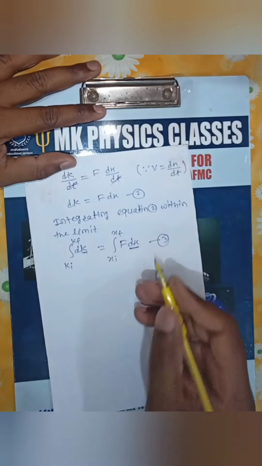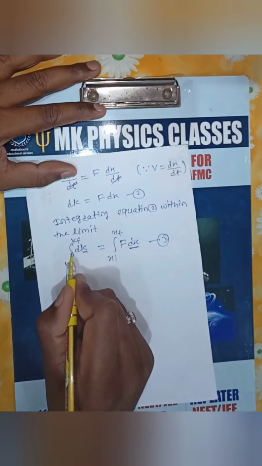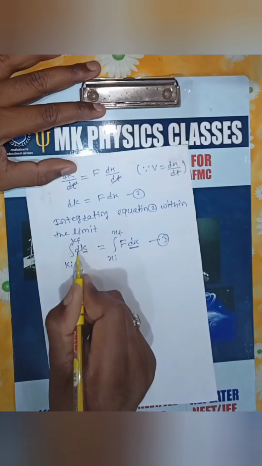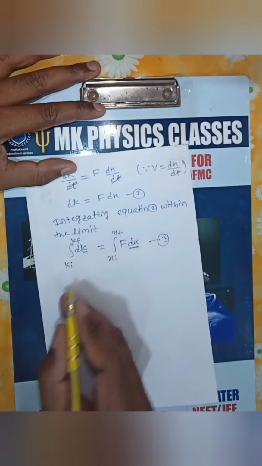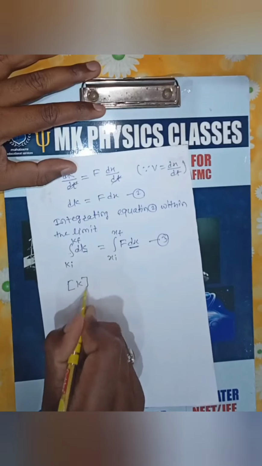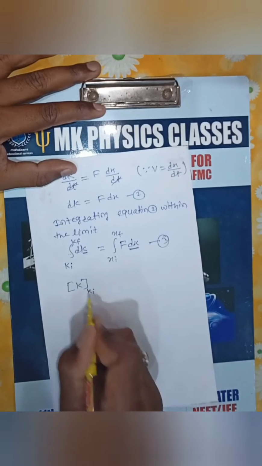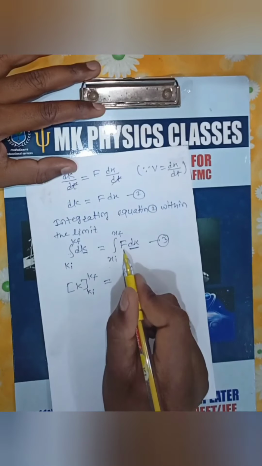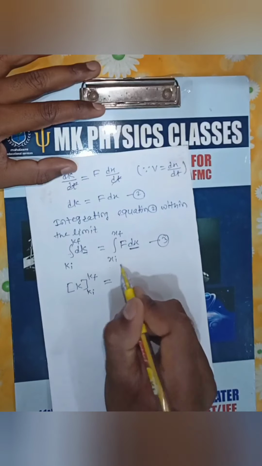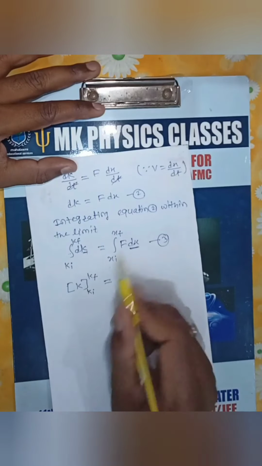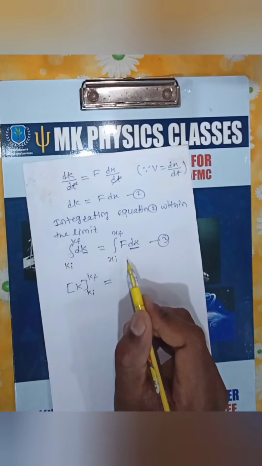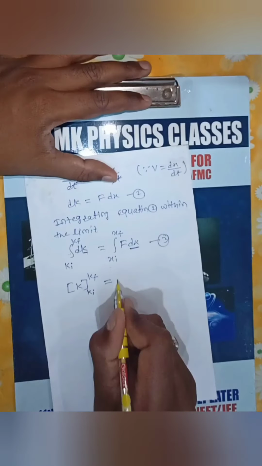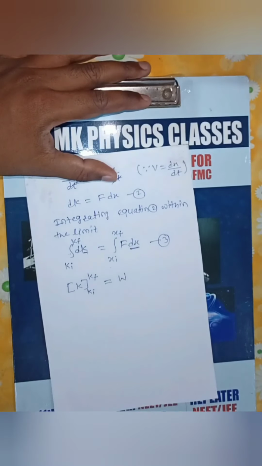Differentiation and integration cancel, so only the kinetic energy remains, with lower limit Ki and upper limit Kf, equal to the integration of F into dx with limits xi to xf. We have already discussed that the right-hand side is the work done for a variable force.